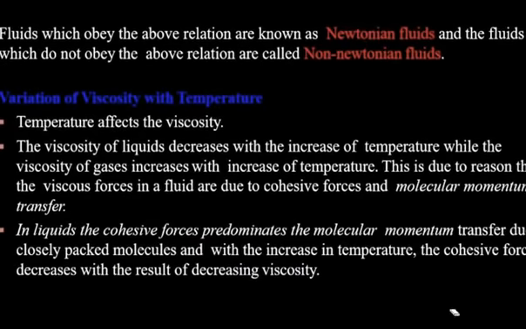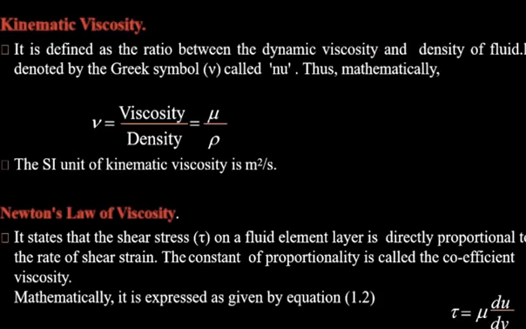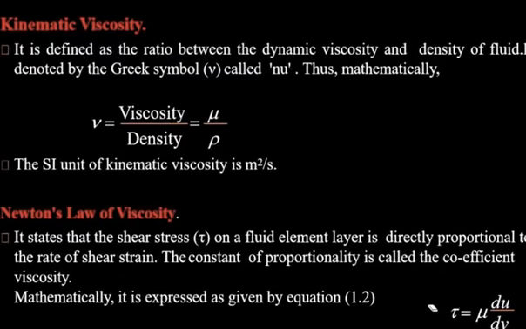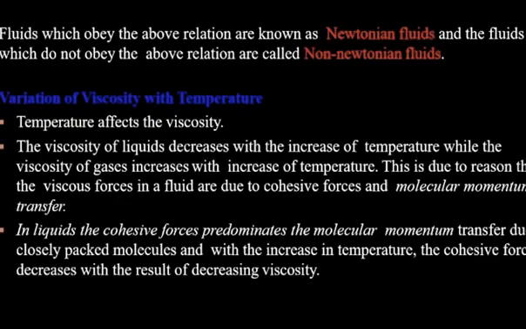Now, what are Newtonian fluids and non-Newtonian fluids? Fluids which obey the above relation, that is tau is equal to mu into du by dy, are known as Newtonian fluids, and the fluids which do not obey this relation are called non-Newtonian fluids.